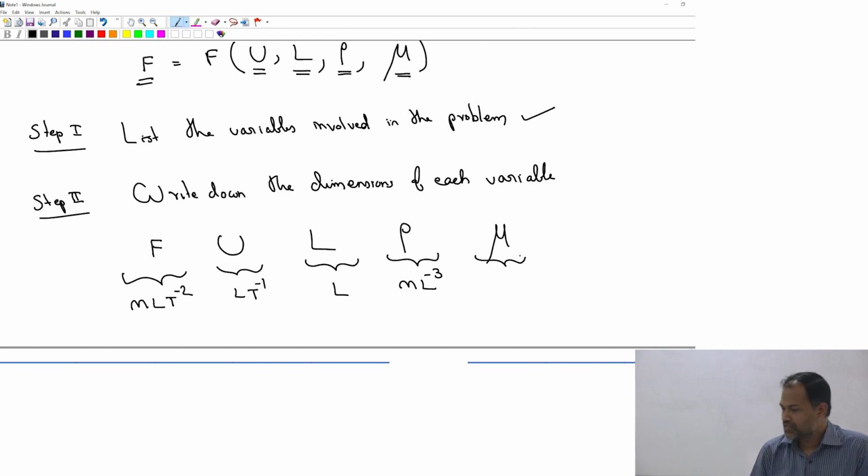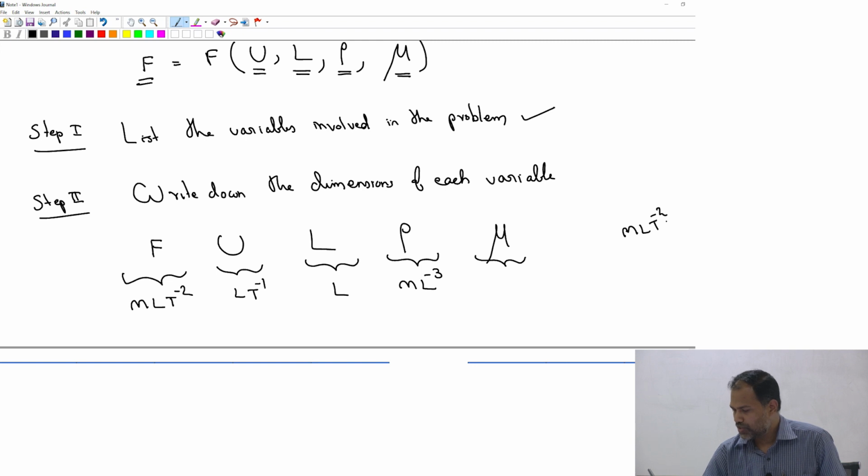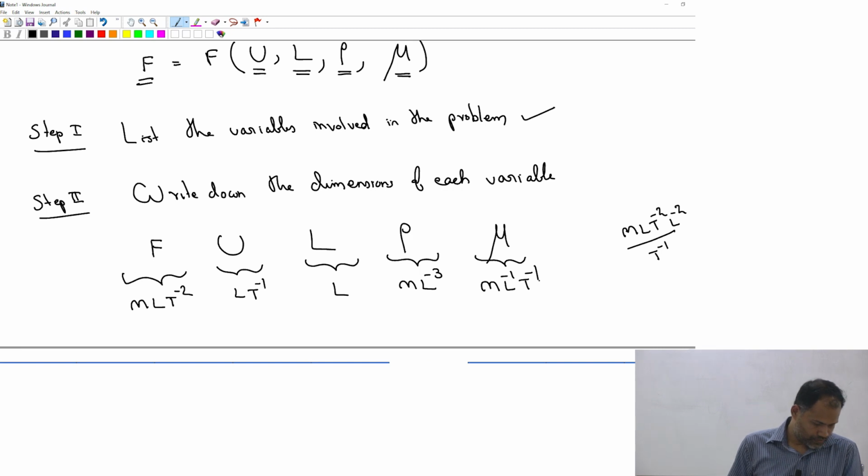Viscosity is stress by strain rate. So, stress is Newton per meter square, so force M L T to the power minus 2, divided by meter square, L to the power minus 2, divided by strain rate, T to the power minus 1. So, that is the dimensions of the viscosity, right?